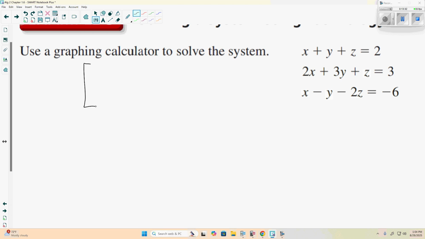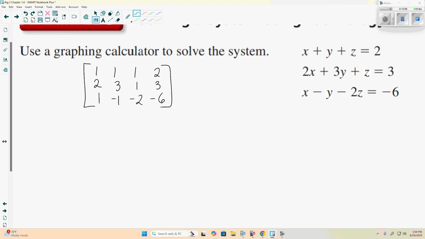Because we have x plus y plus z equals 2, 2x plus 3y plus z equals 3, x minus y minus 2z equals negative 6. So across the top, we'd have 1, 1, 1, 2. Then we'd have 2, 3, 1, 3. And lastly, 1, negative 1, negative 2, negative 6.